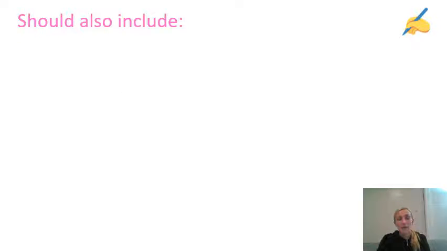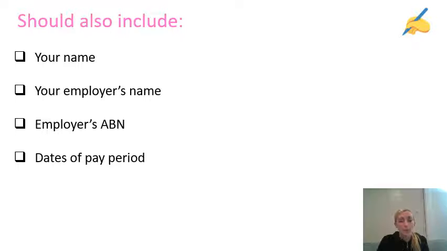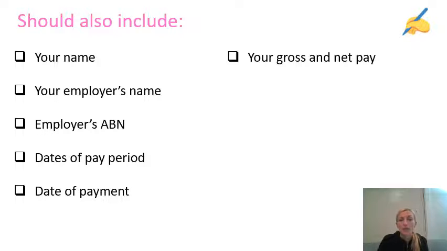So your payslip should also include your name, so your own personal name, your employer's name, so that's the company you work for, your employer's ABN, so that's their Australian business number, the dates of the pay period, so you're getting paid from this date to this date, the date of payment, when's the money going in your account, your gross and net pay.